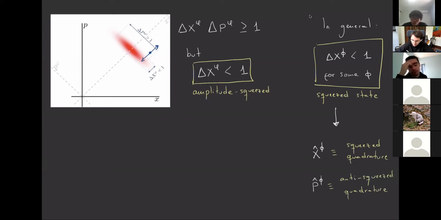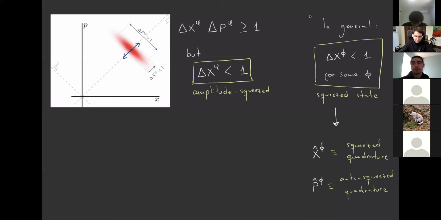And it's very important to understand that these squeezed states will be useful only when the squeezed quadrature is precisely the quadrature where you encode the modulation, the signal or the information that you want to send.